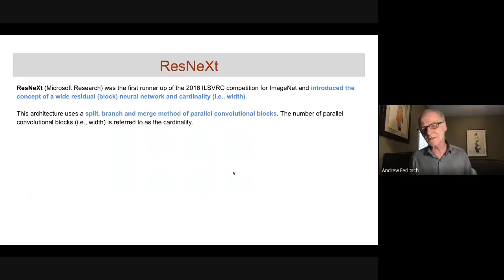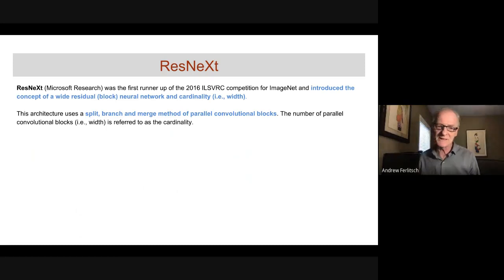So the next really important state-of-the-art architecture that went with the concept of a wide convolution is ResNeXt by Microsoft Research. That was the first runner-up in the 2016 contest, and introduced the idea of a wide residual block, and this concept of cardinality, which is really just another term for width.